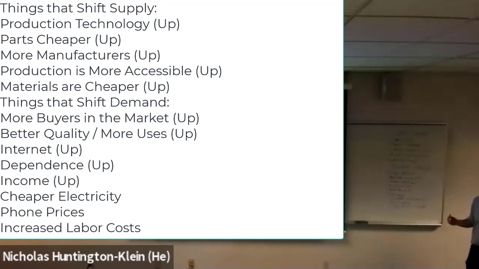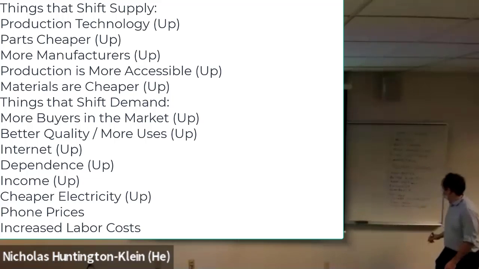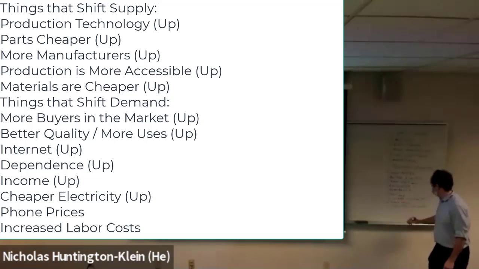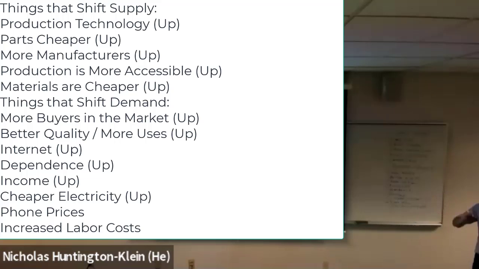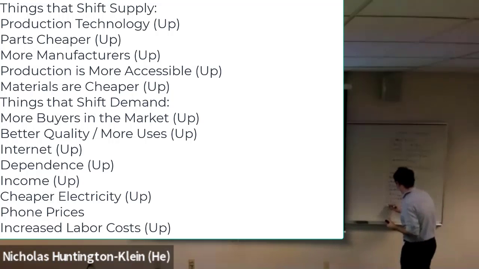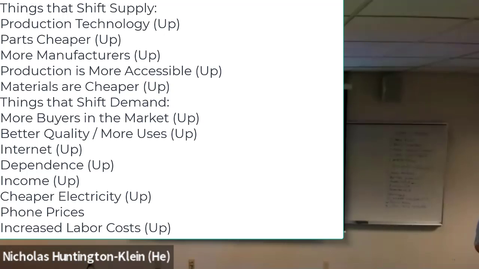Electricity gets cheaper. This was one that we said goes both ways. Labor gets more expensive, so you don't want to hire people to do stuff now. Instead, you want to use a computer for it. The demand's going to go up. So again, we have a pretty clear message going on there. We would expect that the demand for computers is going to go up.